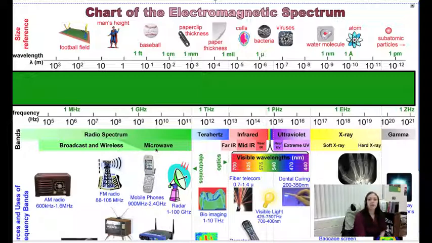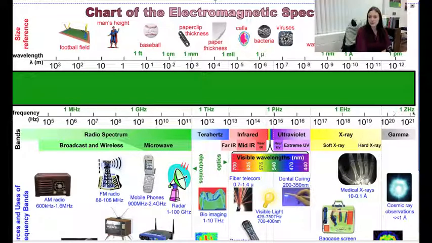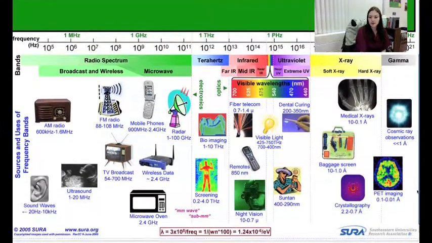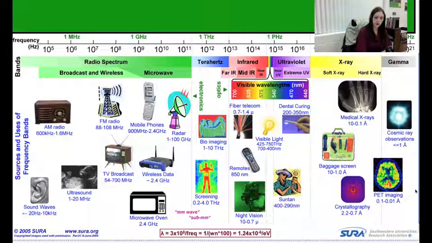We also have cell phones, which operate on microwaves. And then you have some examples down here, which is why I liked this spectrum, of the different types of things that are at these particular wavelengths. You've got imaging, you've got night vision, you've got dental, those little curing sticks they use if you ever have a cavity, that's here in the ultraviolet.